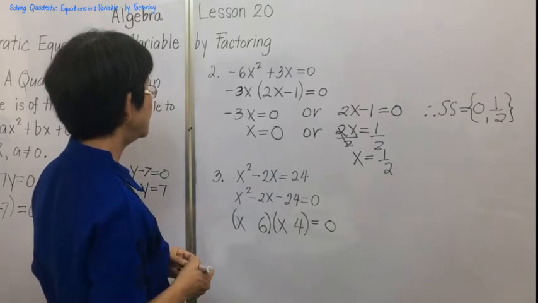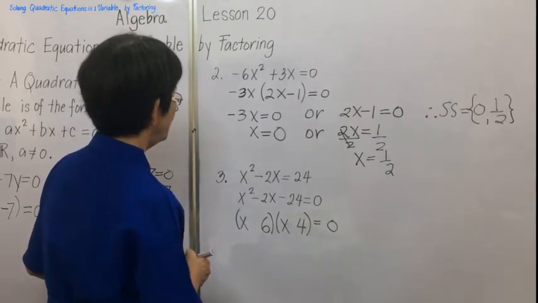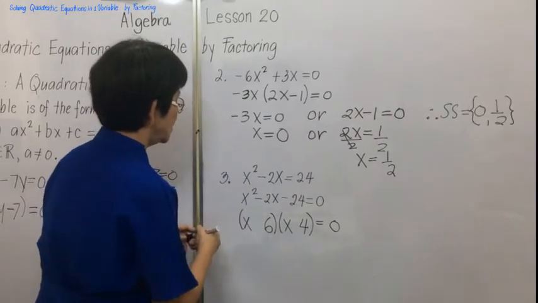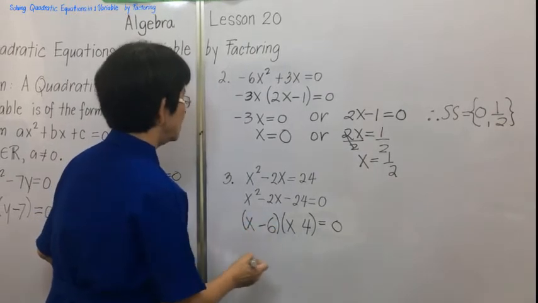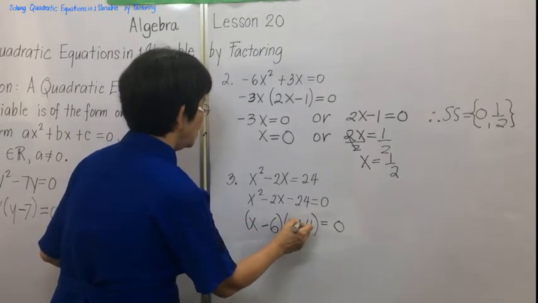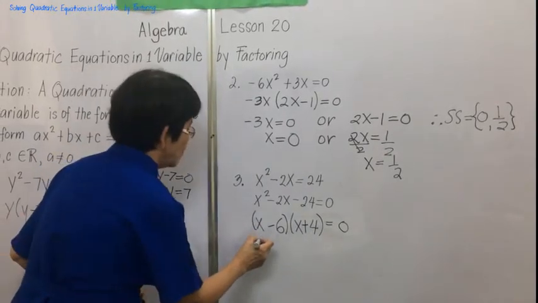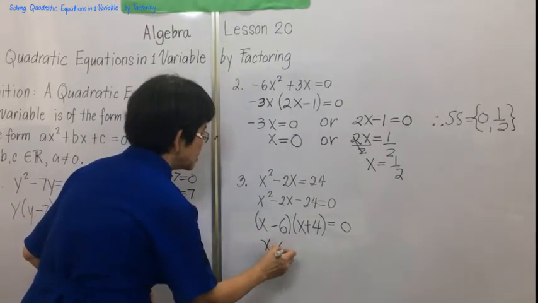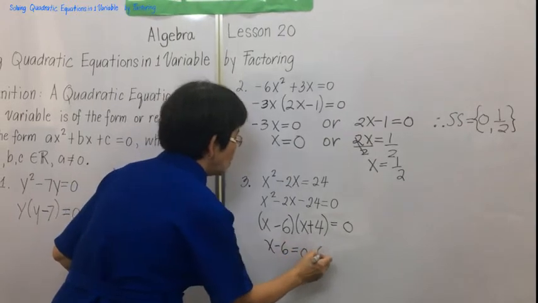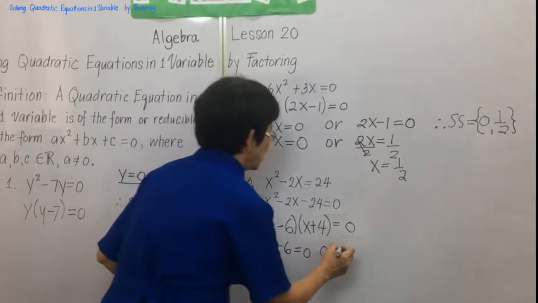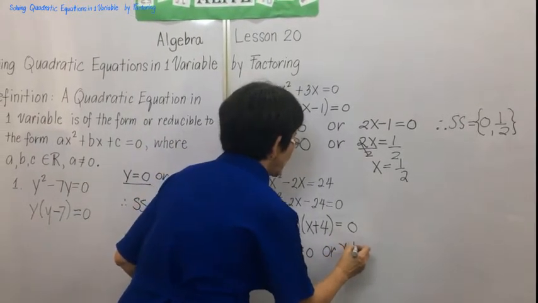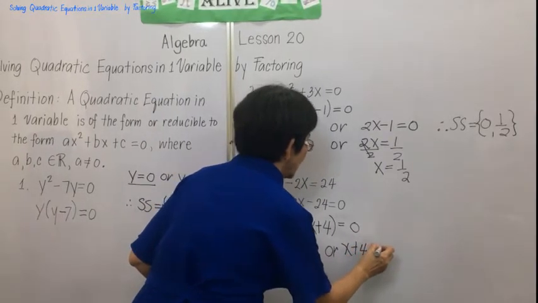To be able to get a negative 2 here, this should be negative and this should be positive. So we have x − 6 = 0 or x + 4 = 0.